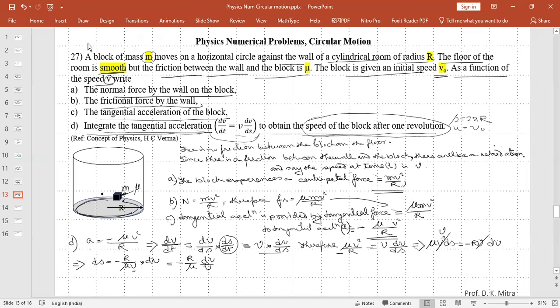easily. Now on the left hand side, I have ds, the differential of s. On the right hand side, I have dv.